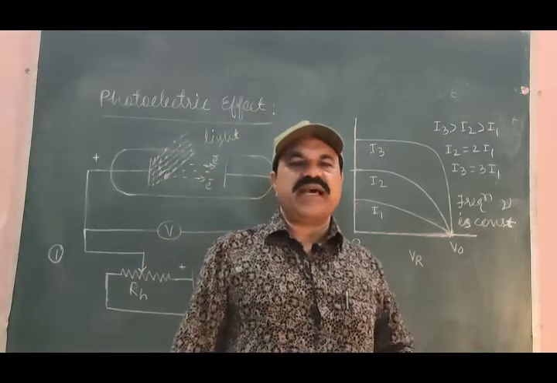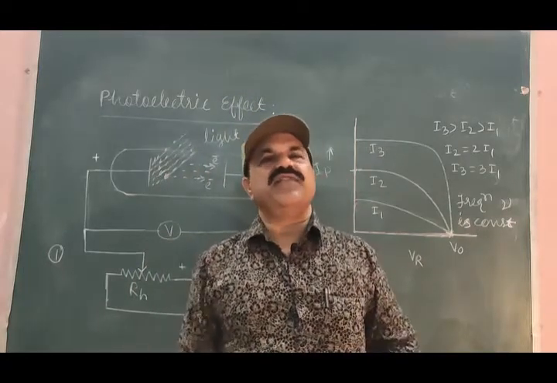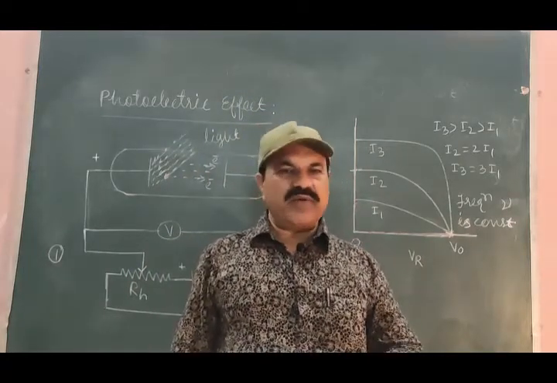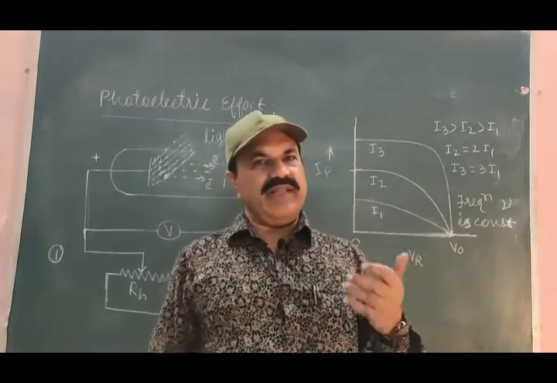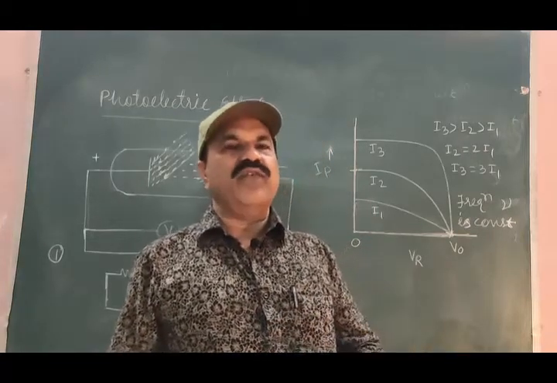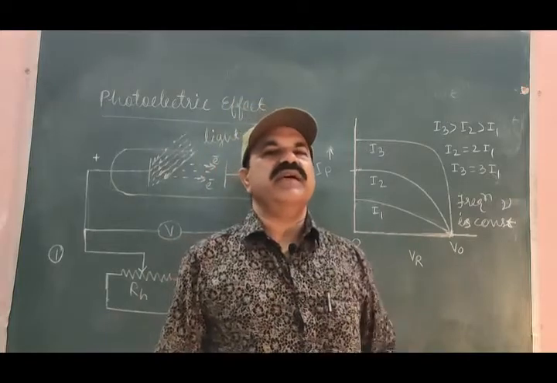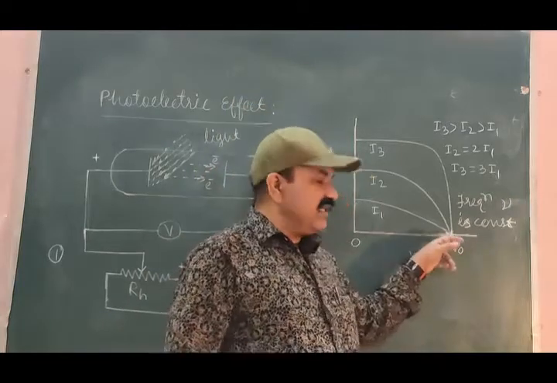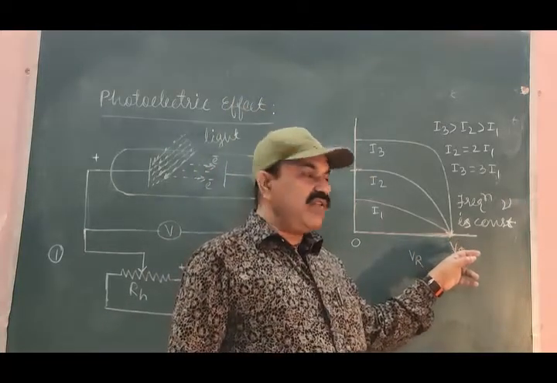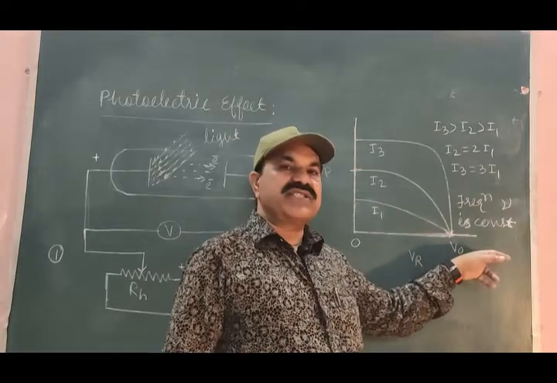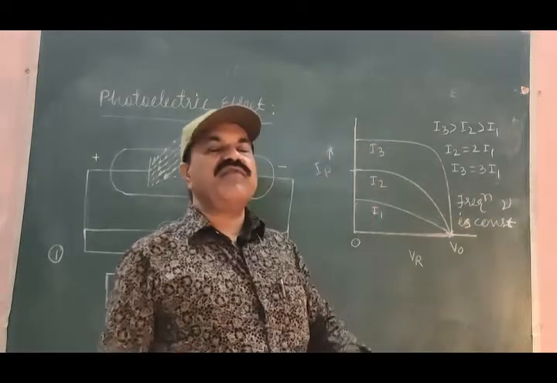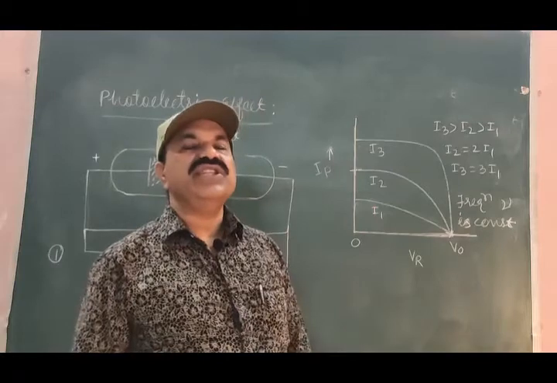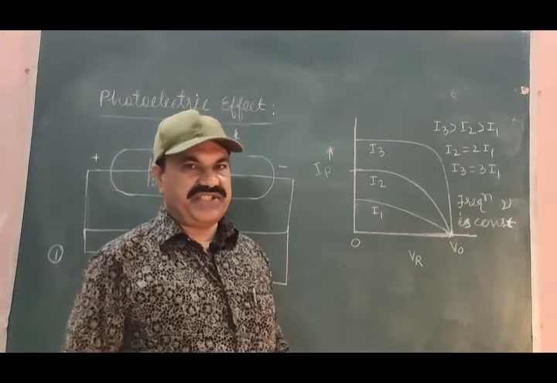If larger intensity of light is falling, the number of electrons emitted will be large, and therefore the current may also be large. But the stopping potential, when frequency nu is held constant, is the same for all these intensities.